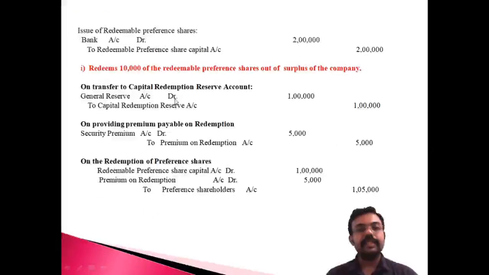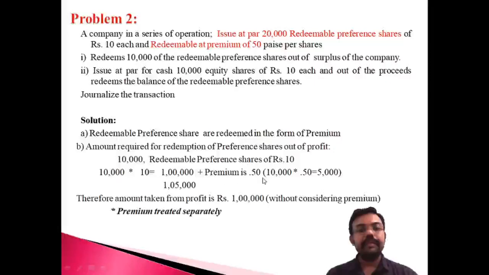Okay, the general reserve account debited to the capital redemption reserve account, that is 1 lakh, because the premium is separately treated. So the amount taken from the profit is 1 lakh. 1,05,000 is the total amount required for the redemption, but we take only 1 lakh from the profit because the premium is always treated separately.